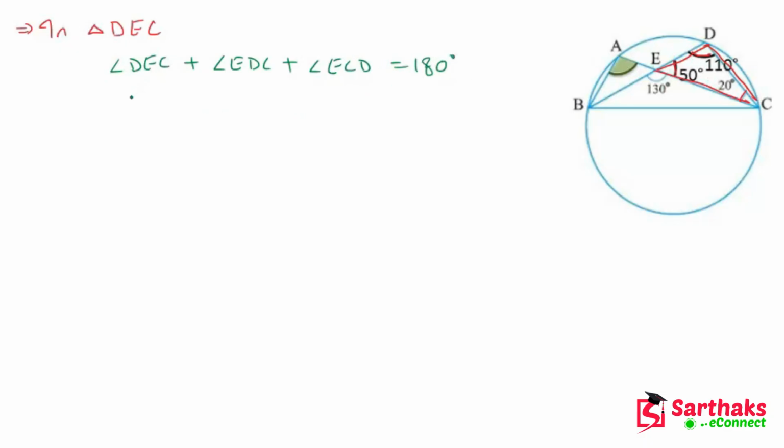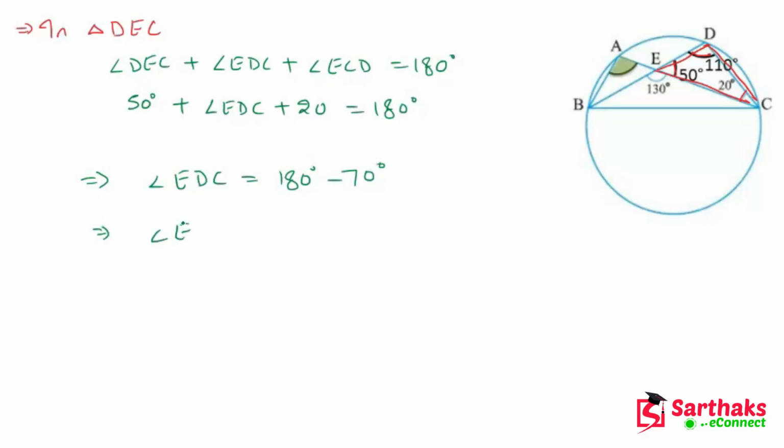Angle DEC is 50 degrees, plus angle EDC, plus angle ECD is 20 degrees, as given, equals 180 degrees. So angle EDC is 180 degrees minus 70 degrees, which is 110 degrees.